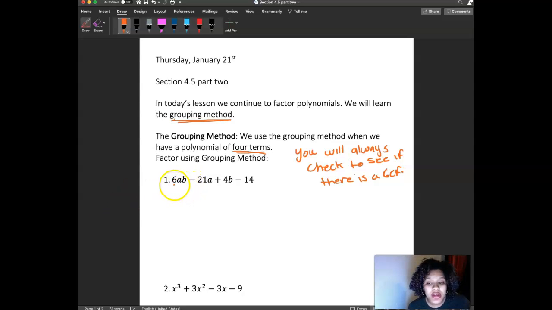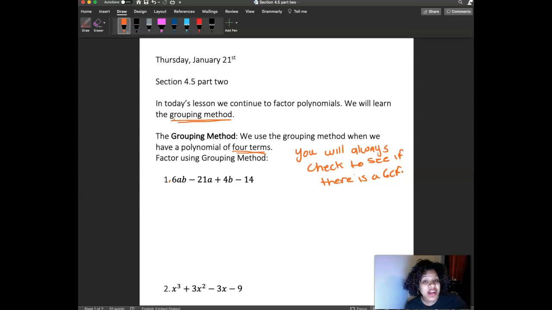So I'm going to look here. I have the number 6, 21, 4, and 14. Between 6 and 21, you have a factor of 3 that you can factor both out, but not between 4 and 14. All right. So when I look for the problem as a whole, all the numbers don't have a factor in common other than just 1.